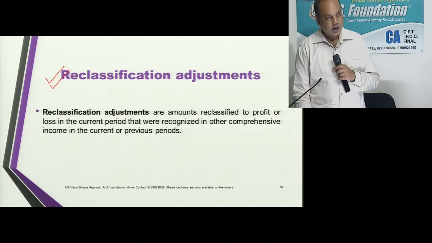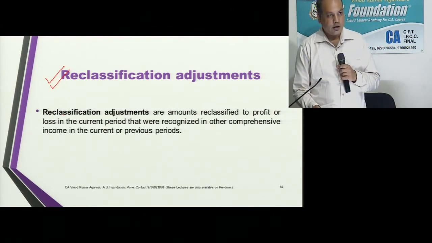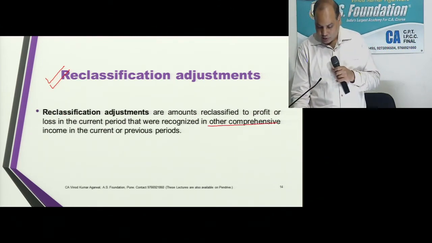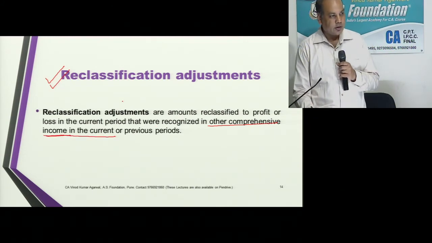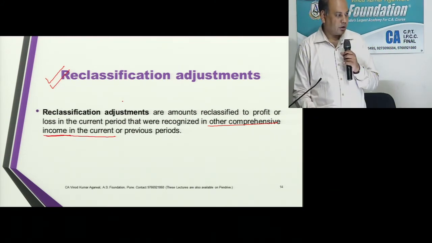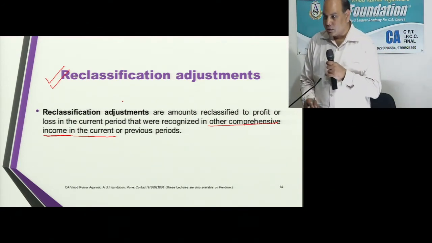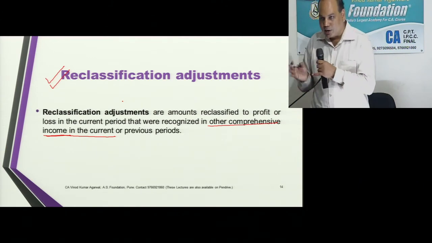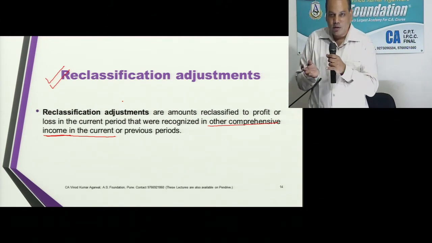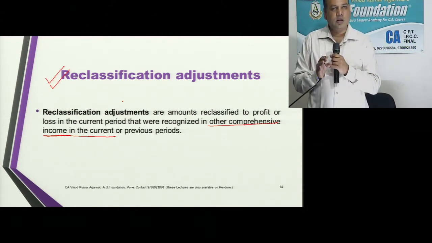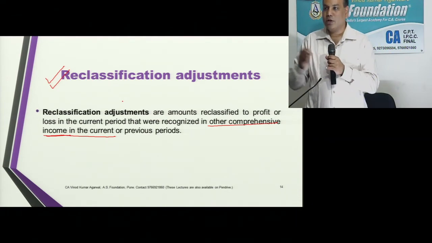Reclassification adjustment will arise when some item which was shown in other comprehensive income in the earlier year is now recognized in the profit and loss account. So it is recycling from other comprehensive income to the P&L account. Earlier it may be unrealized, now it may be realized. But about it you have to study other standards first.